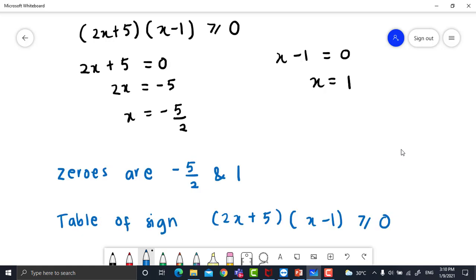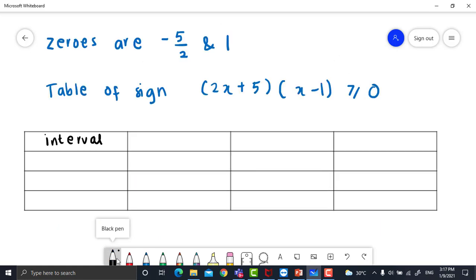Table of sign for 2x plus 5 multiply x minus 1 greater than equal to 0. Based on the zeros, negative 5 over 2 and 1, the intervals start from negative infinity to negative 5 over 2, followed by negative 5 over 2 to 1, and then the last interval from 1 to positive infinity. And then choose test value for each interval. The value less than negative 5 over 2, negative 3.